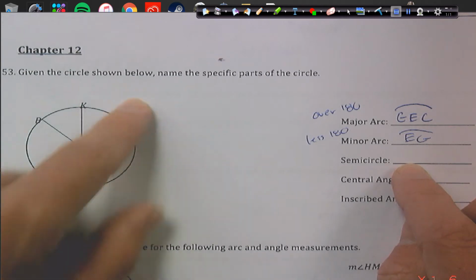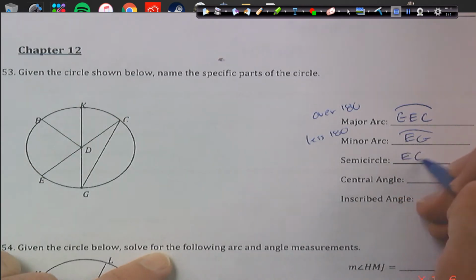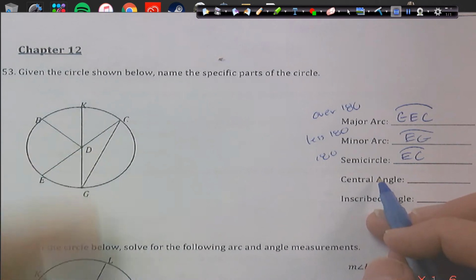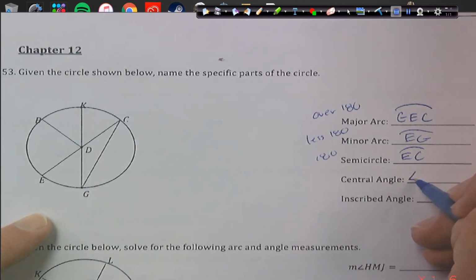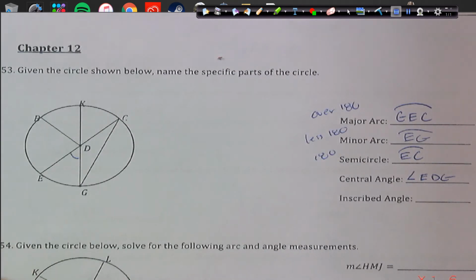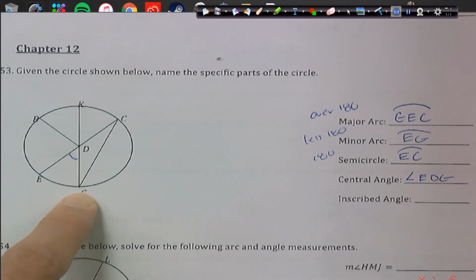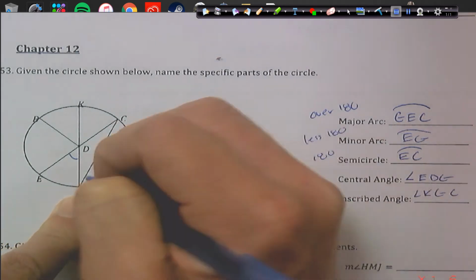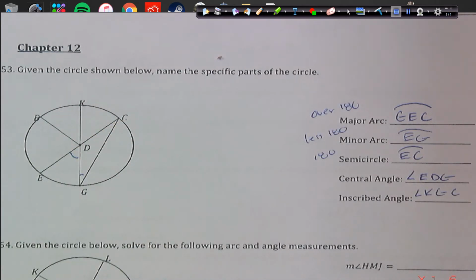Semicircle could be EC. That's 180 exactly. Central angle, we're going to have to use D in there, so we could do EDG, which would be that angle right there. And then an inscribed angle would be on the circle. The vertex would be on the circle, like KGC, like that angle there.